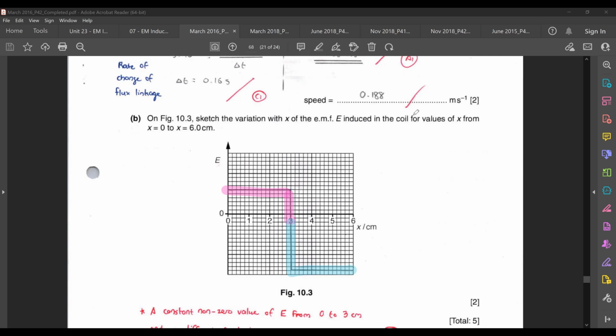Now, because this question is only worth 2 marks, there was actually no need for you to mark out any values. The question that you just did previously, the x-axis values are marked out, and then after that, you had to purposely mark out your y-axis value and indicate the correct EMF values. For this particular question, there is actually no need to do that because it's only worth 2 marks.